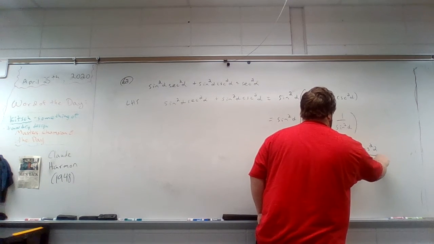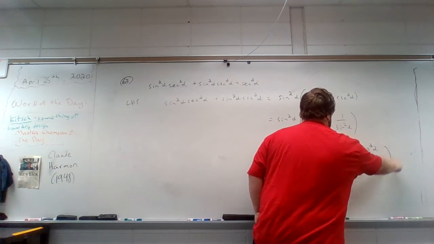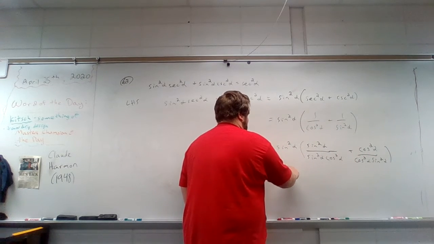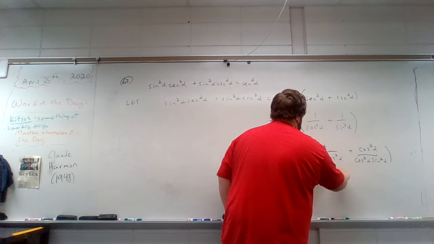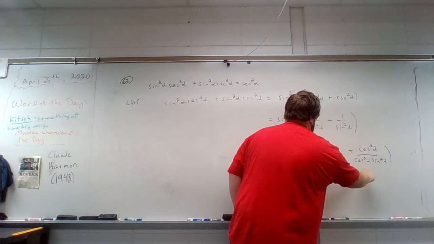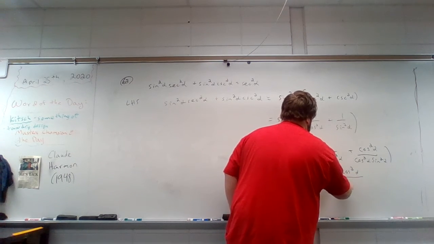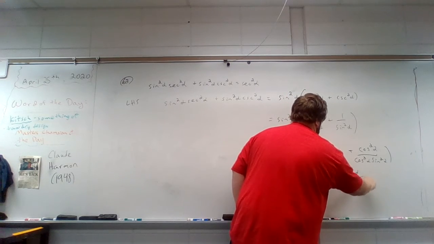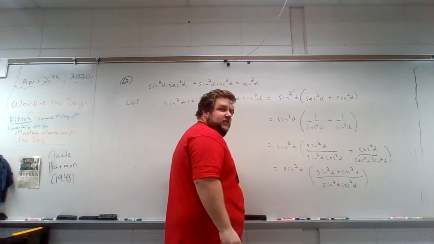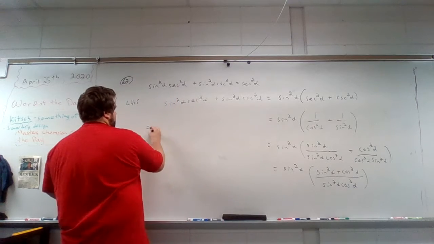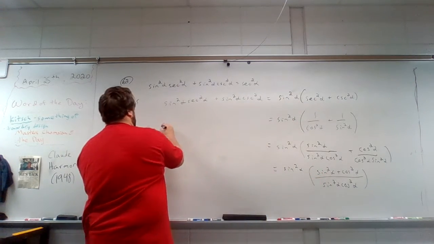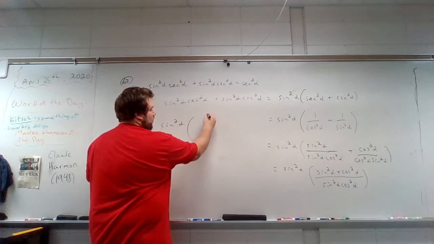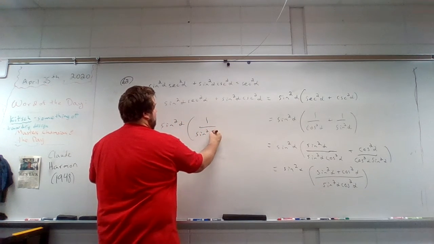So let's pretend we still don't see it. And then I have sine squared, and then sine squared plus cosine squared over sine squared cosine squared. I would still get there, because that is just a 1 right here, right? So I've got sine squared times 1 over sine squared cosine squared.